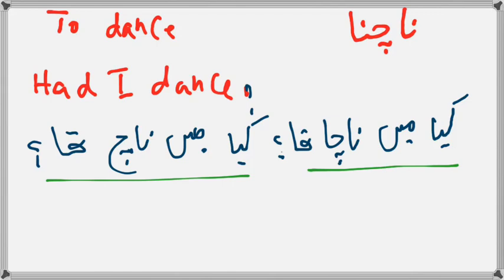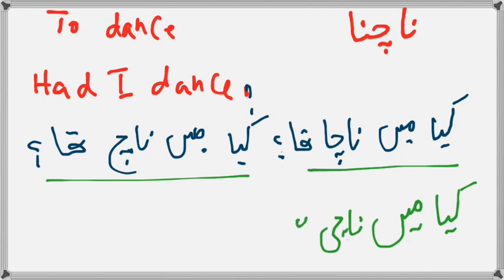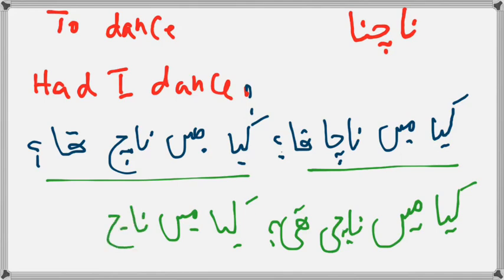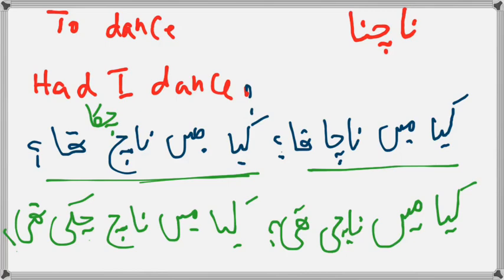For female, क्या मैं नाची थी? और क्या मैं नाच चुकी थी? And in this sentence, क्या मैं नाच चुका था, we have to add this.